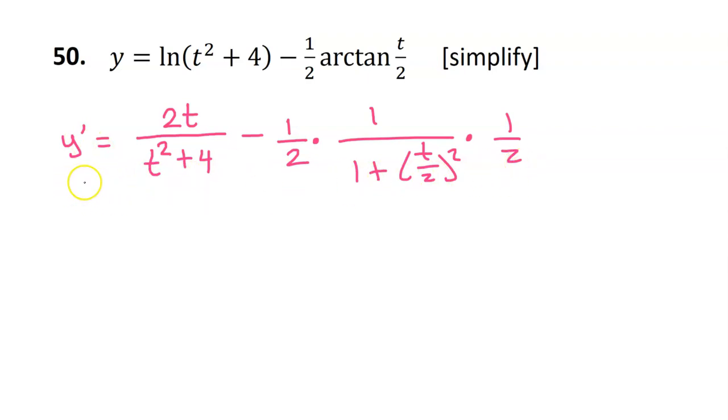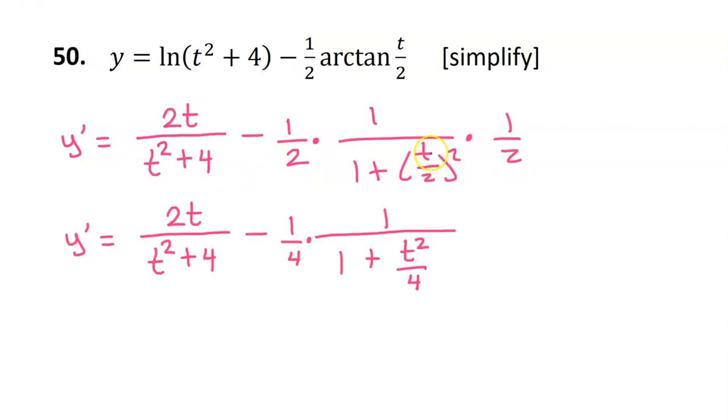But let's go ahead and simplify this one, because what if you run into a question like this and it's a multiple choice question? I guarantee you the answer will not look like this. If you square t over 2, you get t squared over 4. Also, 1/2 times 1/2 is 1/4.